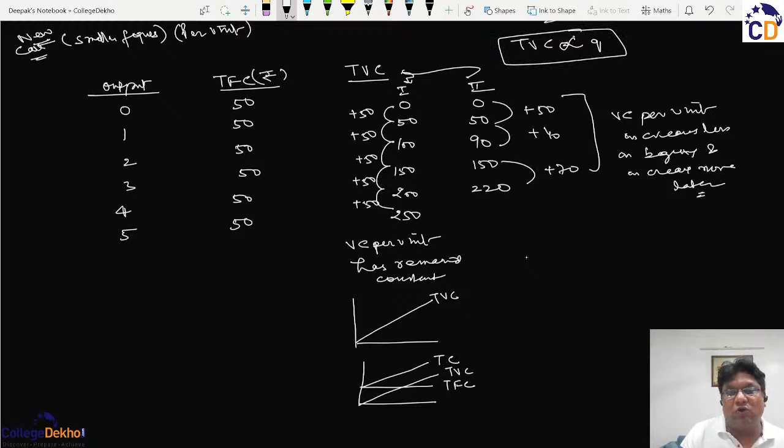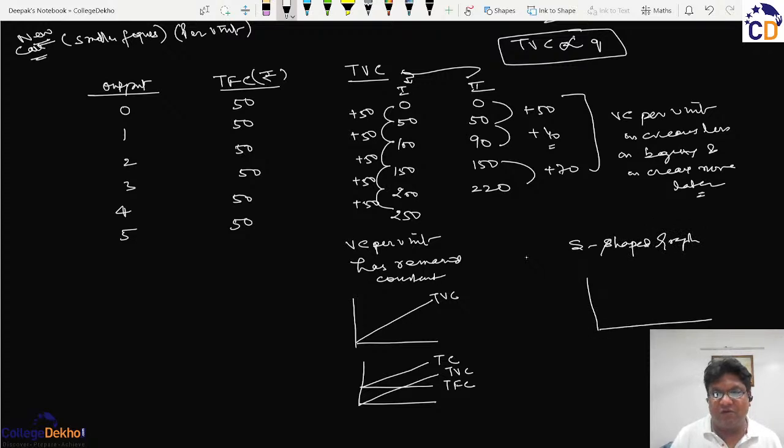So it increased slowly in the beginning, and later it will be increasing at a higher rate. So they say that it will be an S-shaped graph. That is, this graph shall look like this, and hence this graph of total cost will be a slightly S-shaped graph.